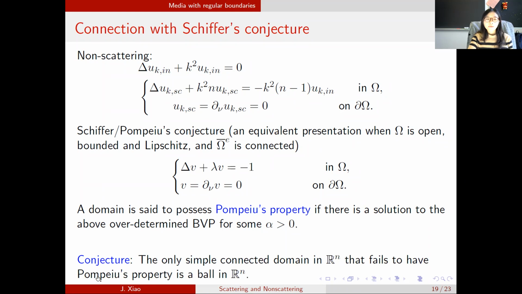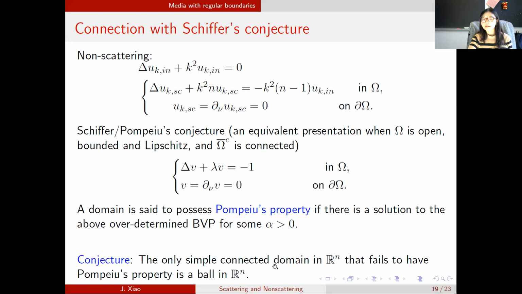Okay. So Schiffer's conjecture is that the only simply connected domain in R^n which admits a solution to this is a ball in R^n.